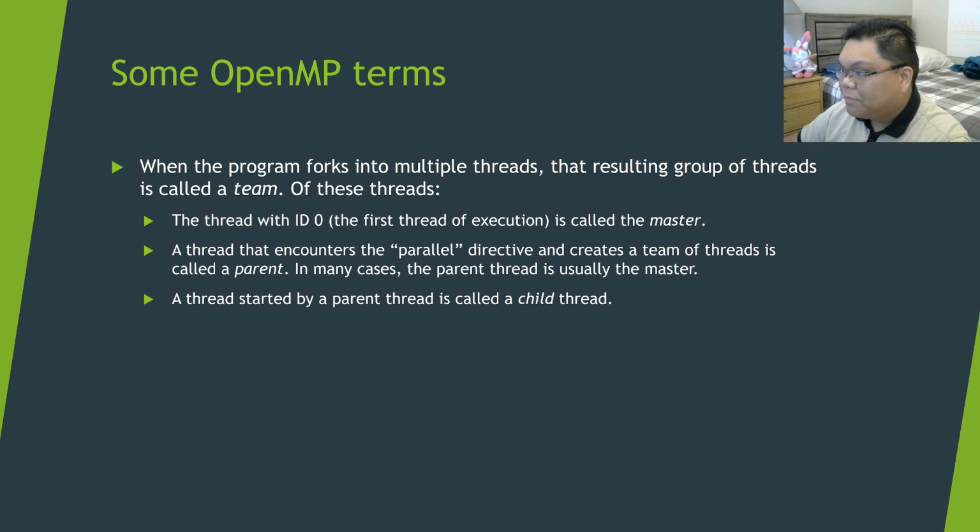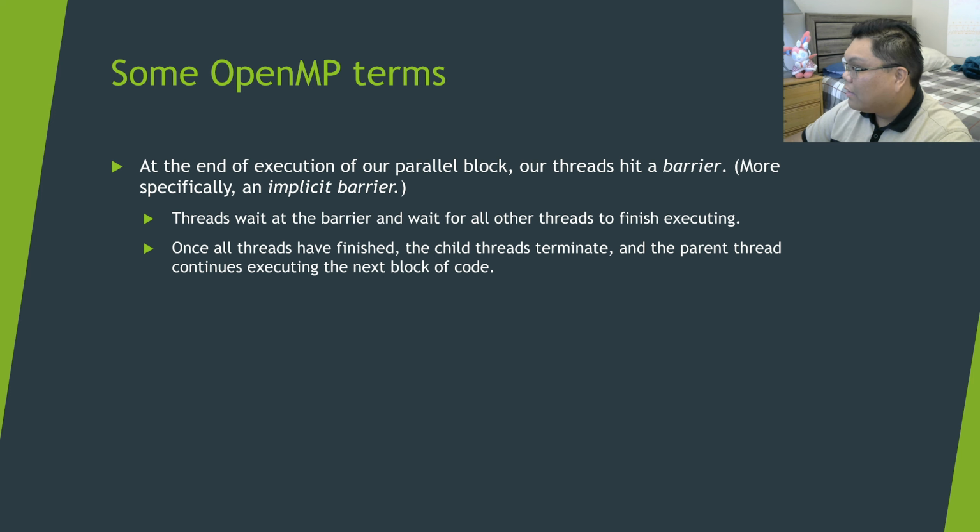When those threads finish executing, they wait at the end at a barrier. All of the child threads then terminate and then join back with the parent thread. At the end of our execution of a parallel block, our threads hit a barrier.